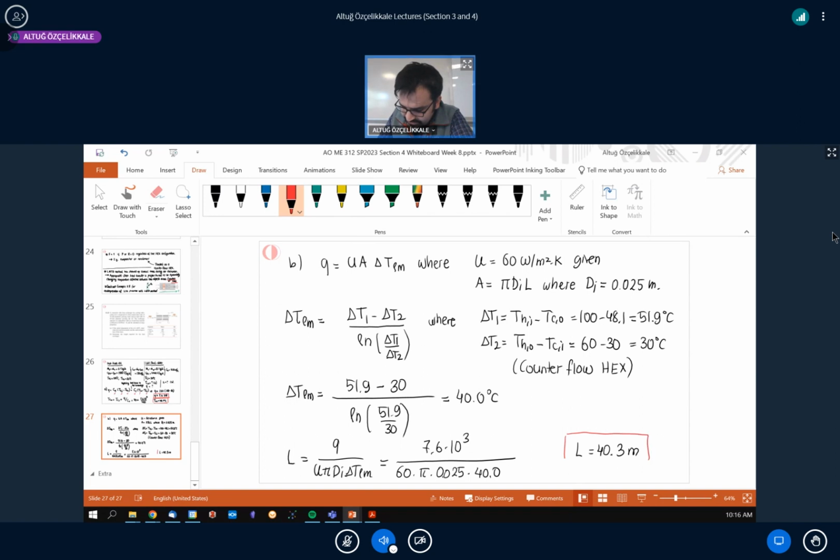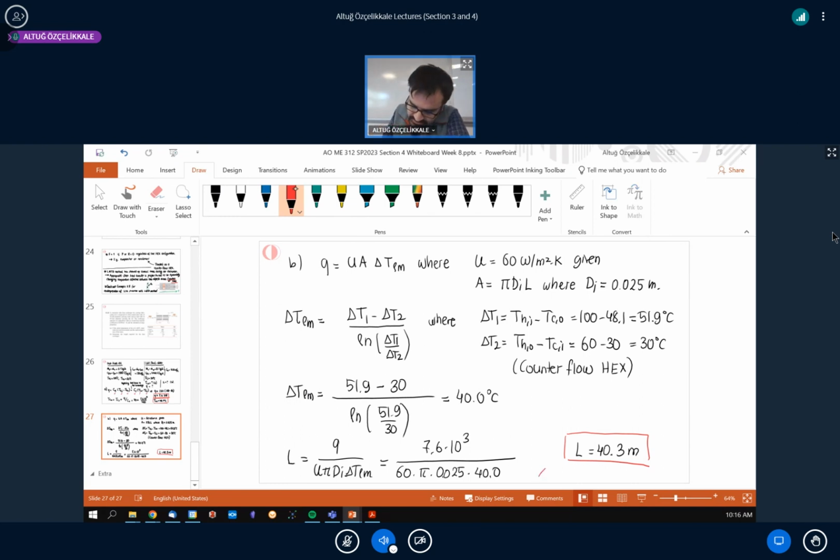I'm going to talk about this briefly, but you probably realize that the problem that we have been solving is essentially we are given the flow conditions. We even know the outlet conditions, but we are being asked to actually determine the size of the heat exchanger.